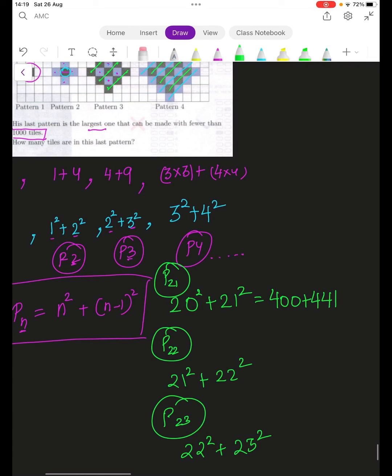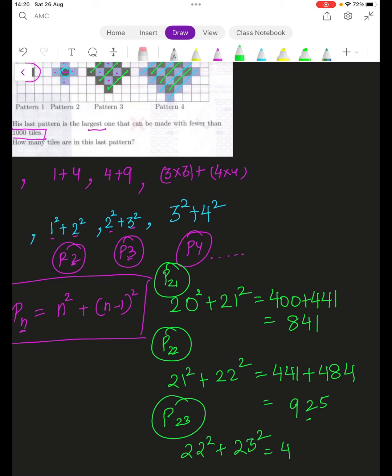Now, 20 square is 400 plus 441, so that's 841. So I can see that's a 3-digit number, but let's try out if this is still a 3-digit number. So 21 square is 441. 22 square, you can work it out or just use a calculator. That's 484. So that means it is 925.